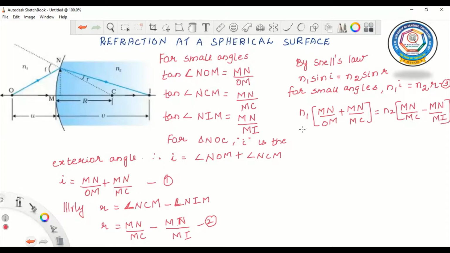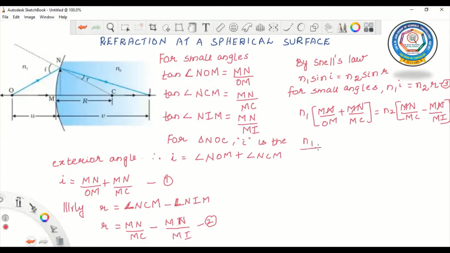You can cancel MN on both sides because everywhere in the numerator you have MN, both on the left hand side and right hand side. So MN will be cancelled.